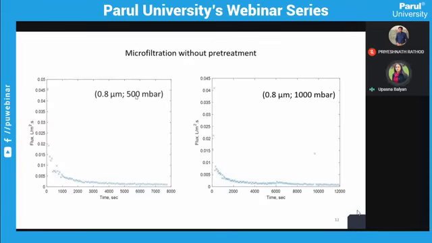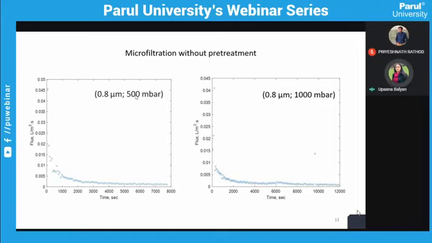So flux, when I'm telling you about the membranes, how do you know this is the fouling? This should be the stoppage of the fouling. So you can say flux plays a very important role in that case. Flux is basically volume per unit time per unit area.